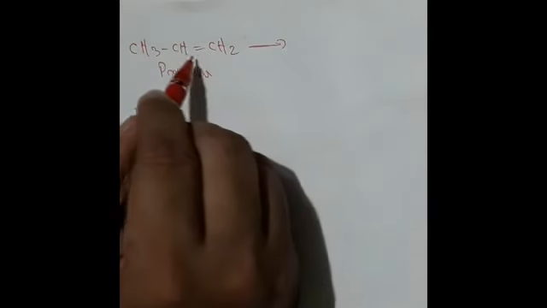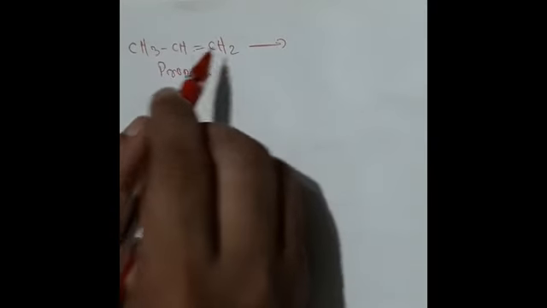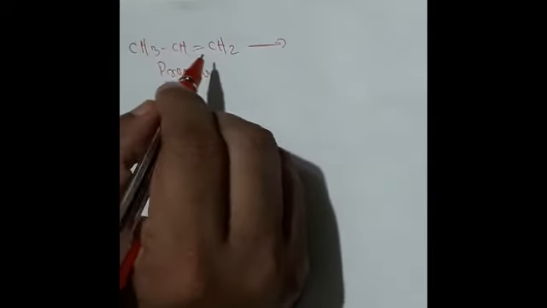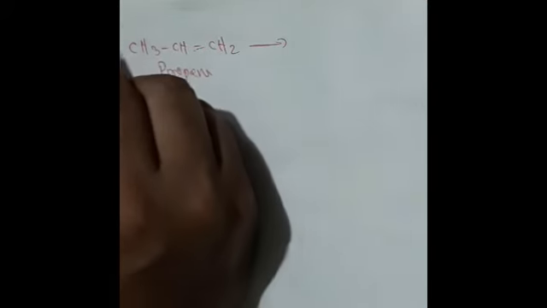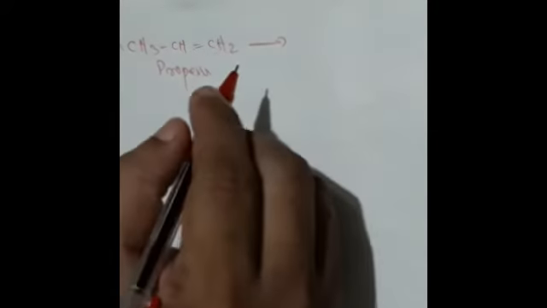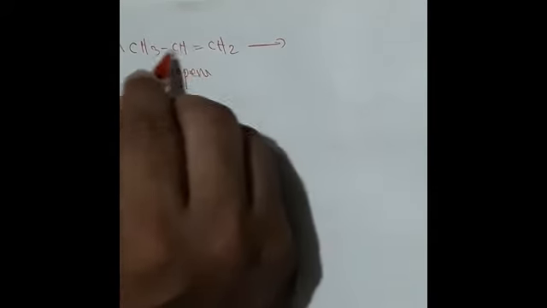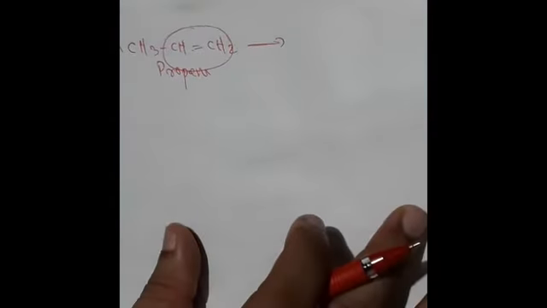I told you the double bond will change to single bond during polymerization. So this is one unit. This is the monomer. Many units join to form a polymer. Many units will join over here, at the double bond part.